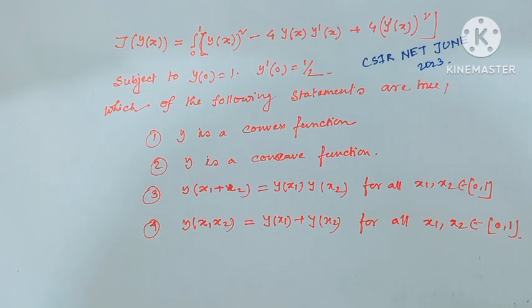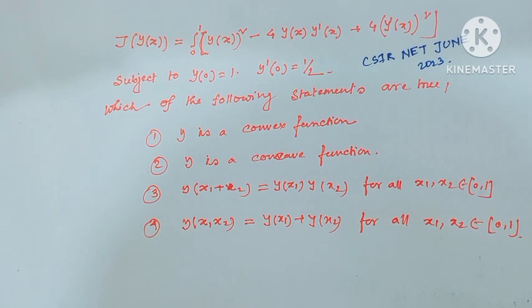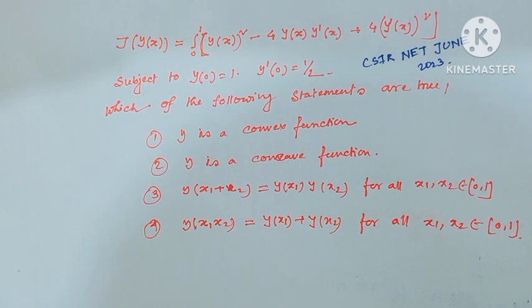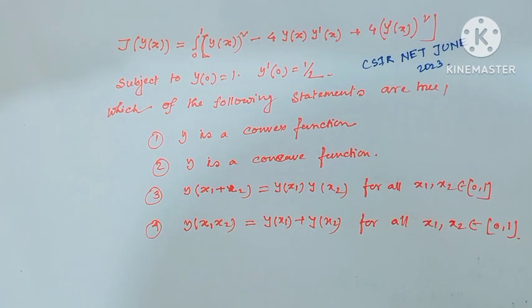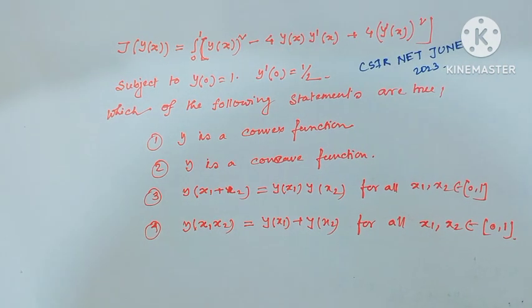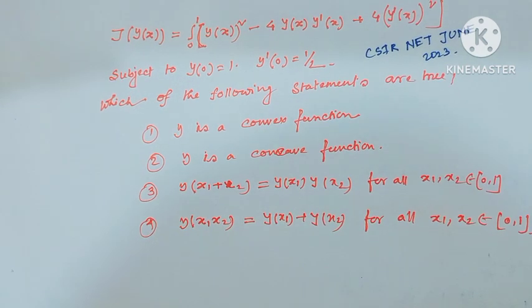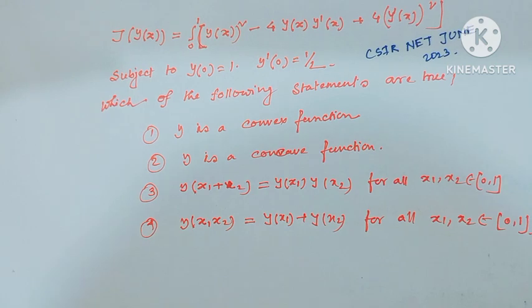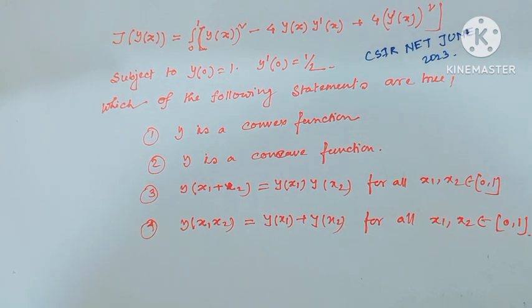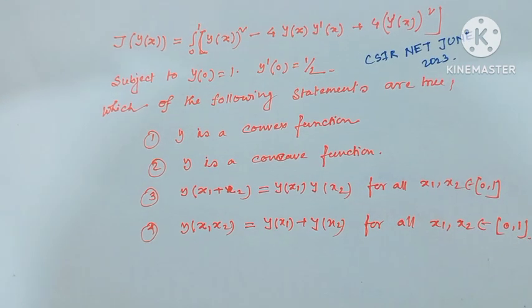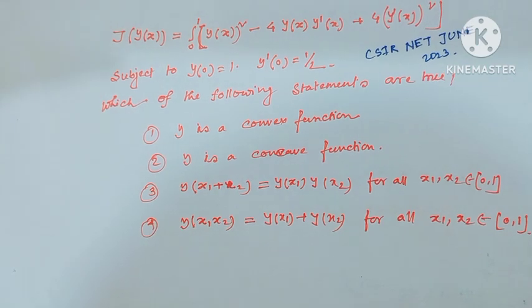Option 4, y(x1 times x2) equal to y(x1) plus y(x2), and this is true for all x1, x2 belongs to closed interval 0, 1. Which of the following would be true? That means actually our question is, would the extremal be convex, would it be concave, does the extremal satisfy this relation, does it also satisfy this relation, which would be true.